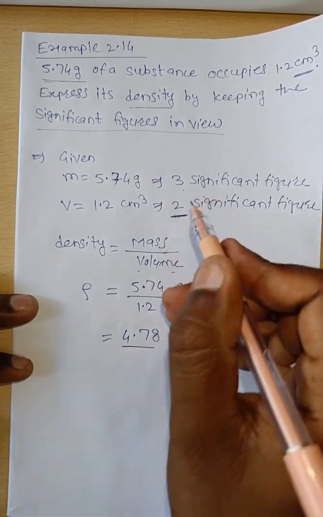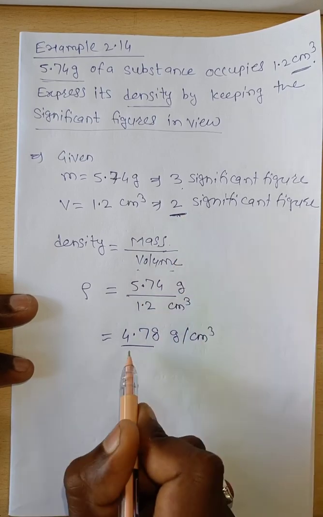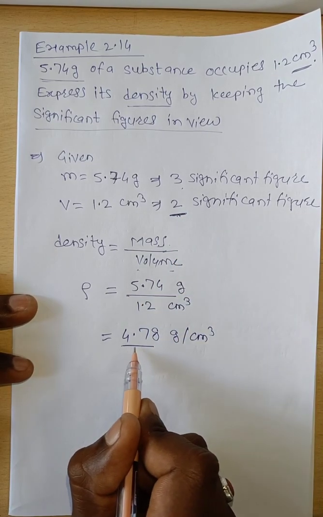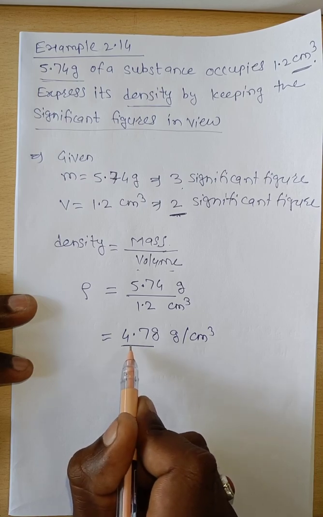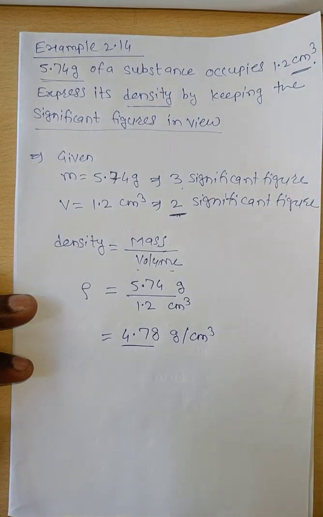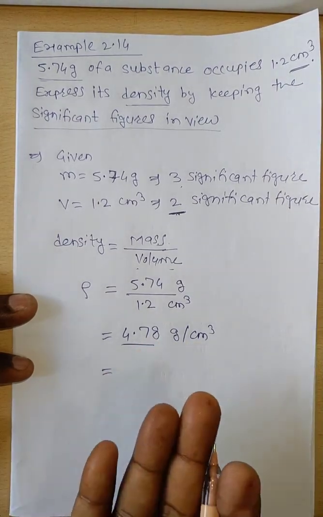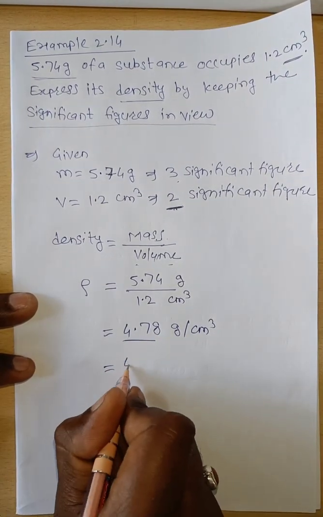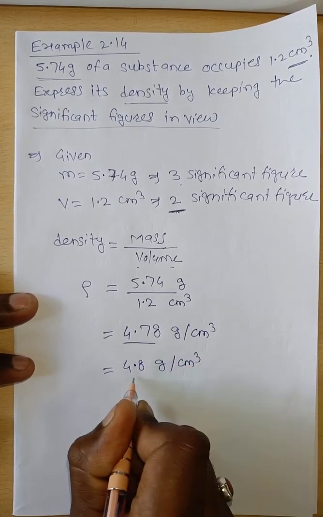But our answer should be in 2 significant figures, and here the answer has 3 significant figures. Therefore, convert this number into 2 significant figures. Then we have to approximate this value as 4.8 gram per cubic centimeter.